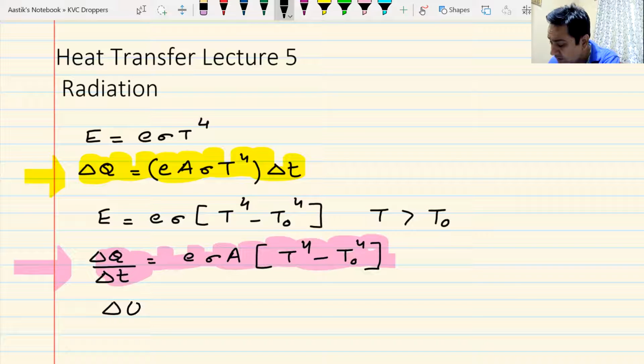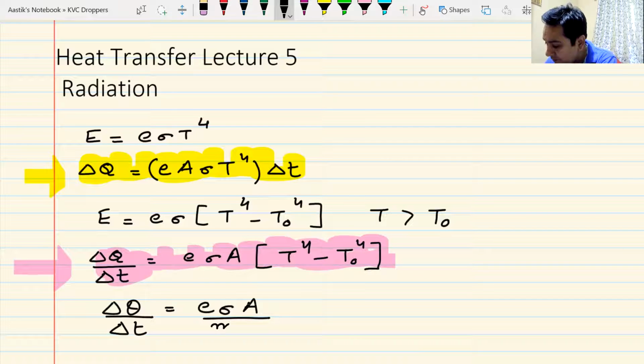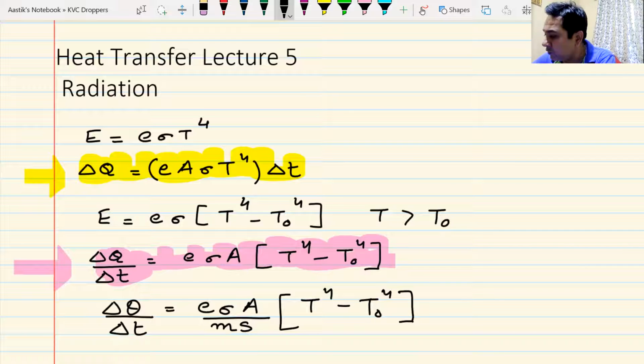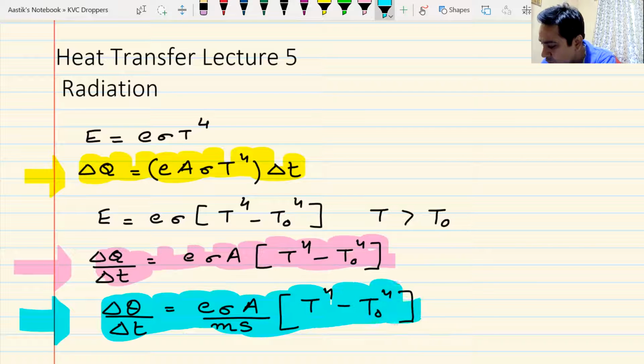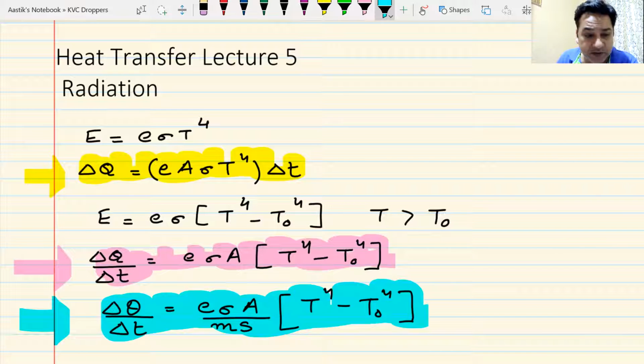I can call it delta theta by delta T, the rate of cooling, the rate at which the temperature of the body is coming down, and it is equal to E sigma A divided by M S, M standing for the mass of the body, S standing for the specific heat capacity, times T raised to the power 4 minus T naught raised to the power 4. This equation is the equation in blue. It gives us the rate at which the temperature of the body goes down.